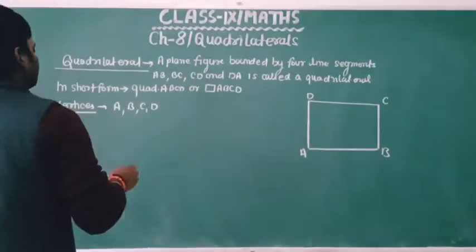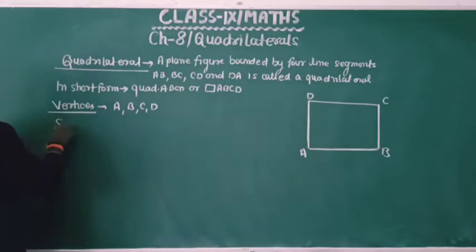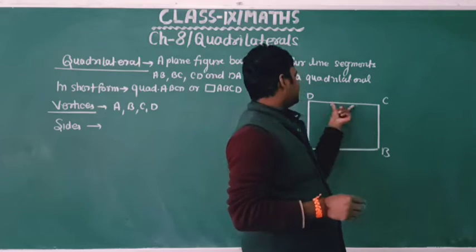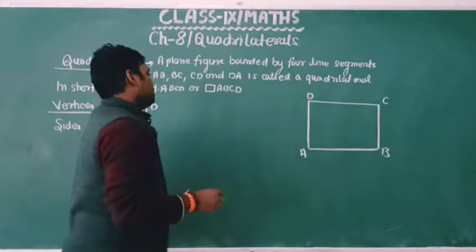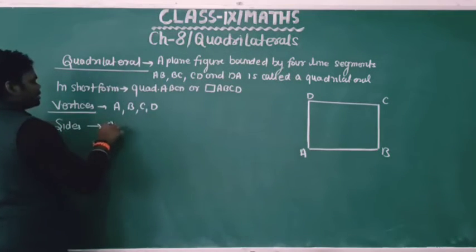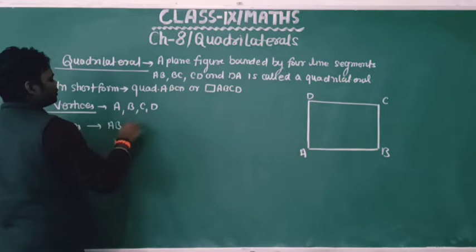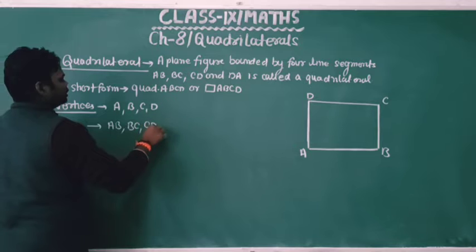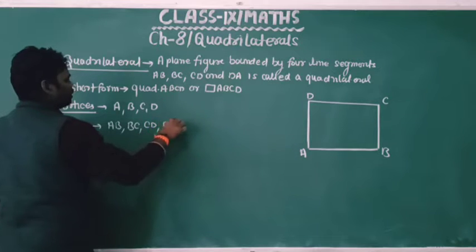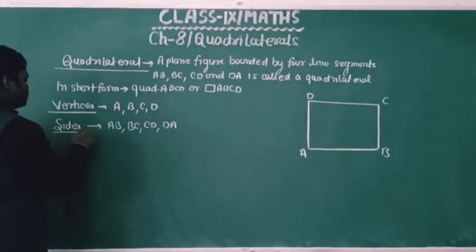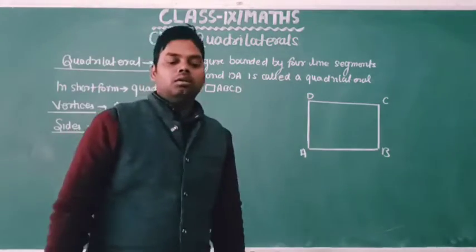Next is sides. So what is a side? Here the line segments AB, BC, CD and DA are called the sides of the quadrilateral.